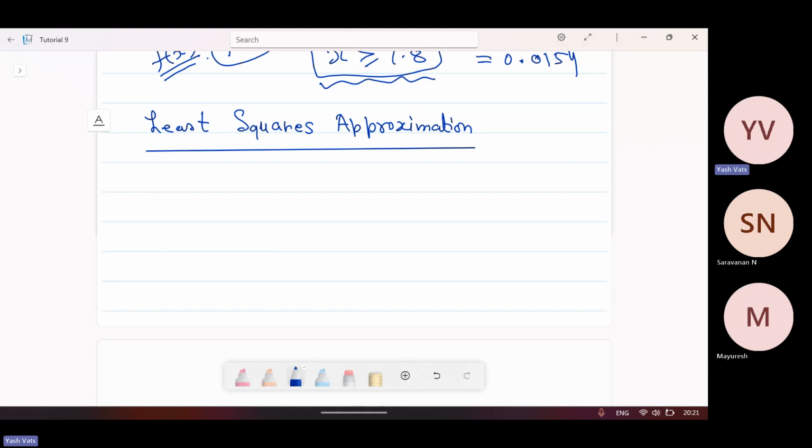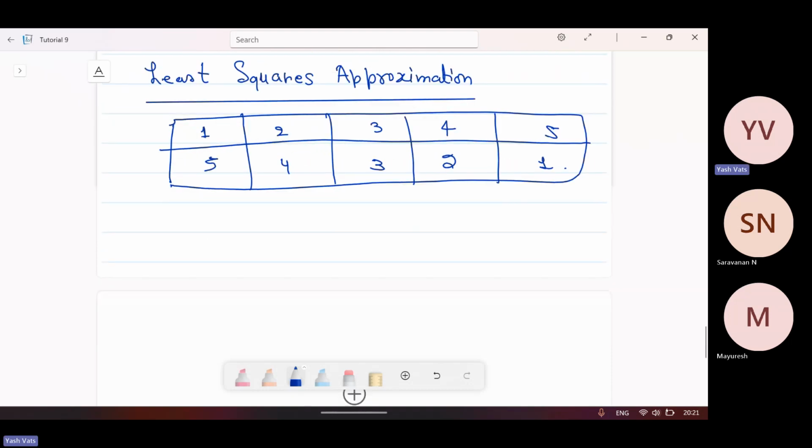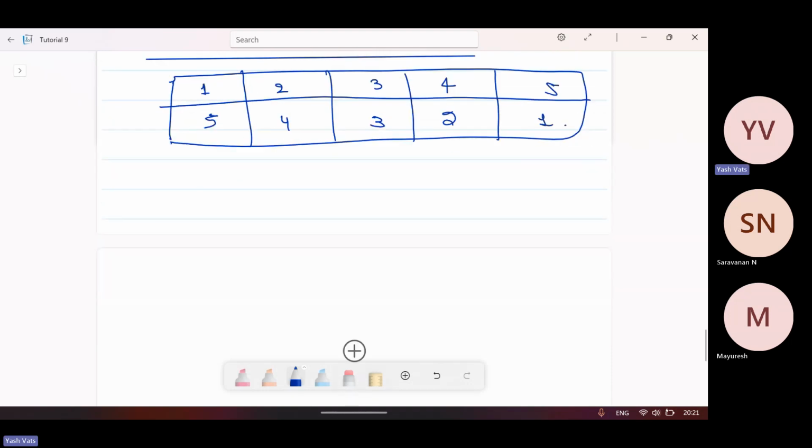Suppose the data is given like this: x is 1, 2, 3, 4, 5 and y is 5, 4, 3, 2, 1. You have to find the line approximation of this data. It's similar to what we have there.